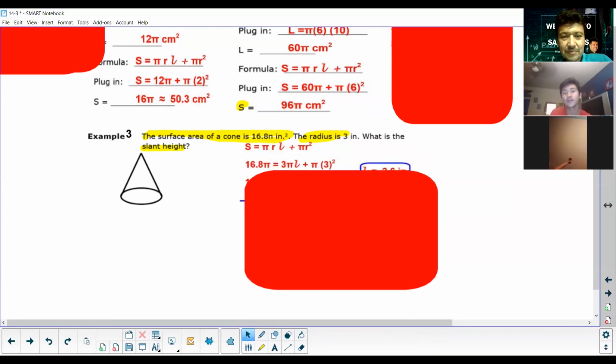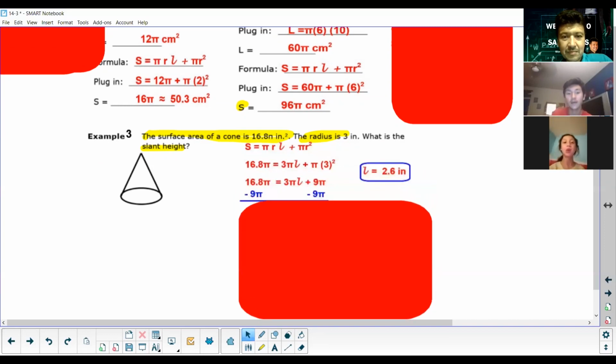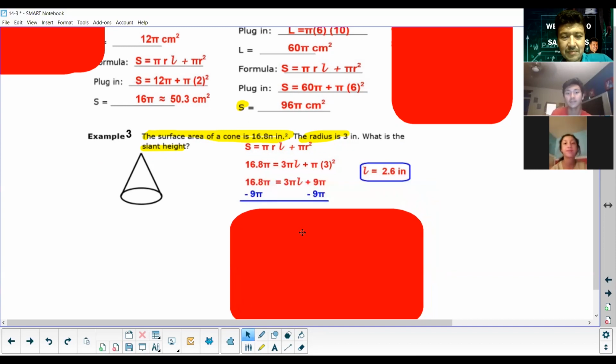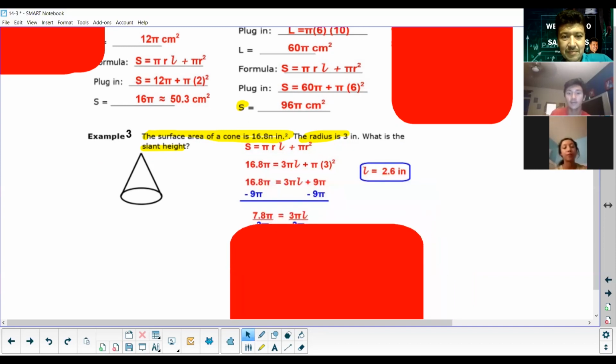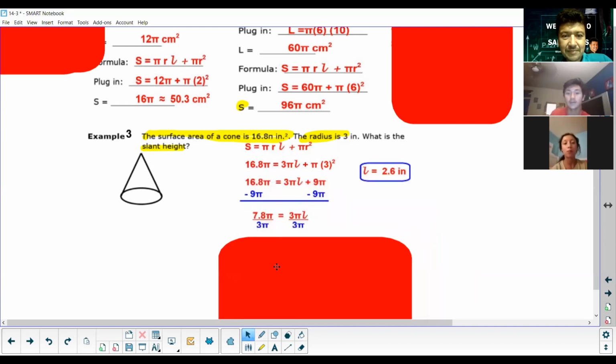Then you would subtract 3 squared pi from 16.8, which would get you 7.8 pi. And then you'd divide by 3 pi on both sides to get L by itself, which gets you 2.6. Good. All right, excellent.